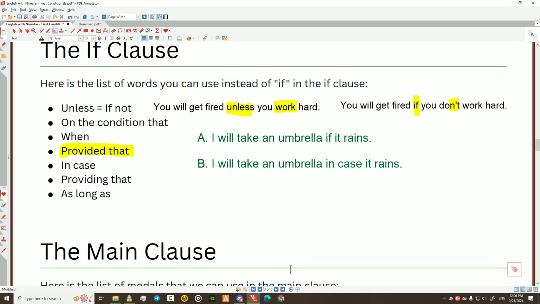Still, I want to take the umbrella. Why? Because maybe in the evening it rains. You want to be prepared. You want to be ready. You want to make sure that you're fully equipped, for example.